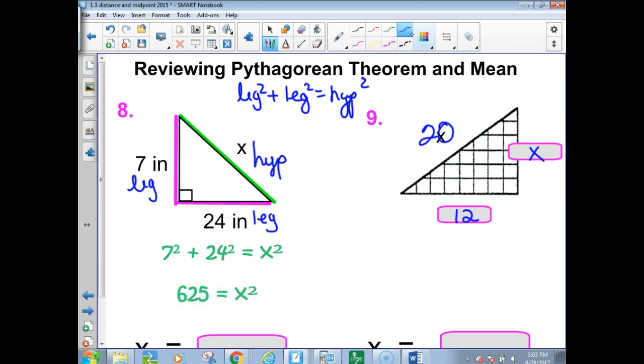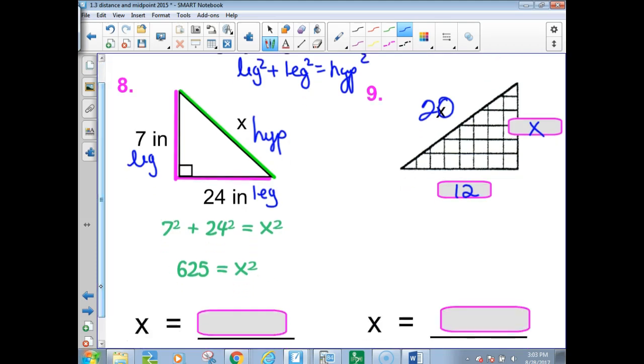Now, this is the one that most of you did well on if you remembered anything. Some people knew how to do this kind, where they would find the hypotenuse. They did this part all right, and they would get this question right on that quiz, because they would have taken the square root of both sides. That would have given them 25 equals x.